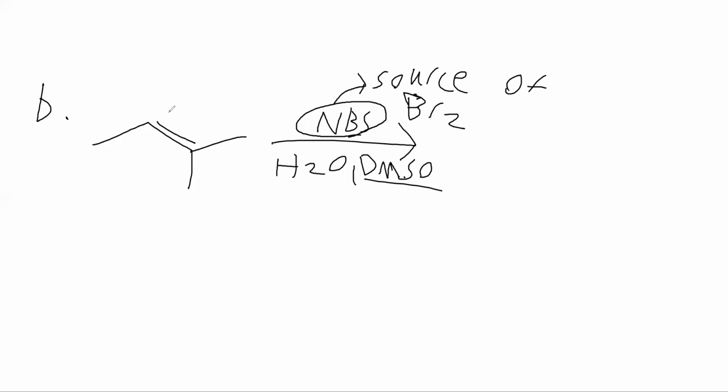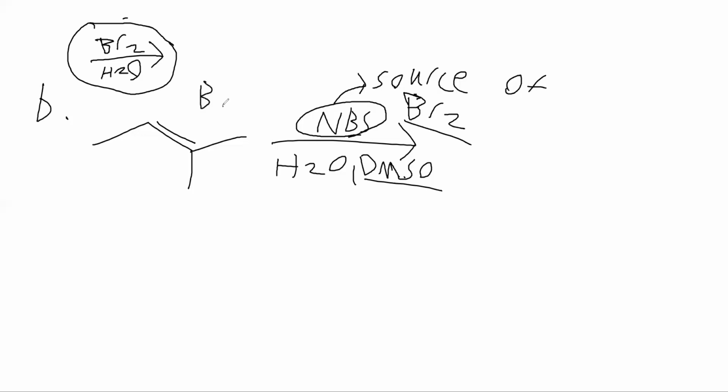So you could think of this as writing the arrow like this. It's going to be the exact same mechanism and reaction, and I'll show the mechanism, even though you guys have seen it before. Just think of the NBS as giving Br2 and then do the mechanism the same way you normally would, or draw the product the same way you normally would.